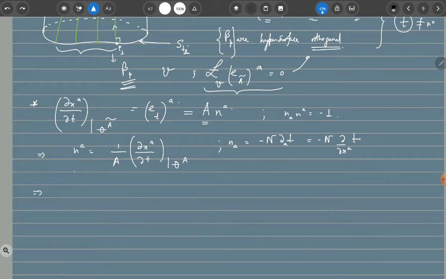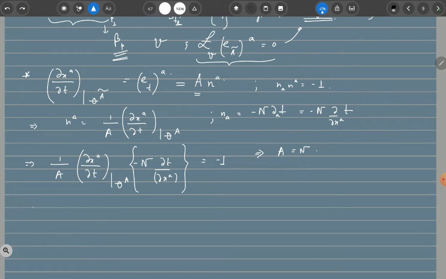So we have 1 by A of del xa del t of theta a minus of n del t of del xa is equals to minus of 1, which implies that A is equals to n.